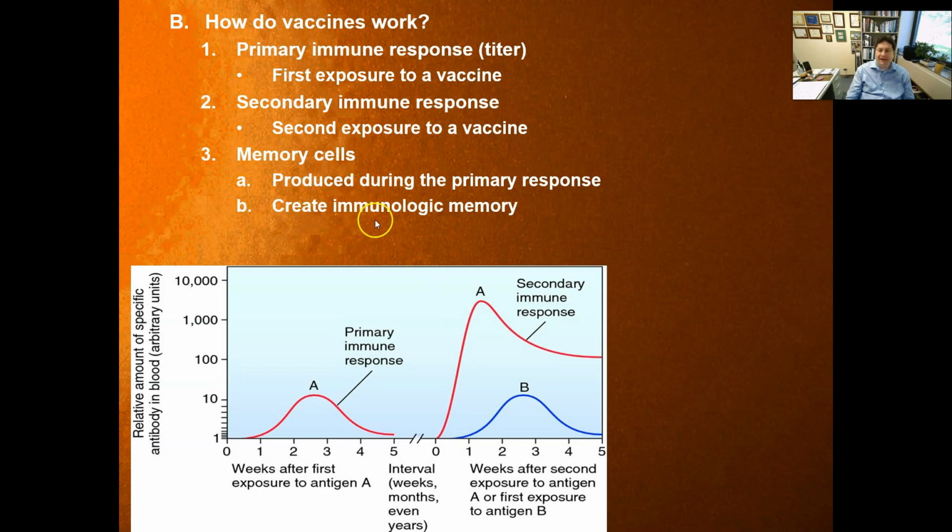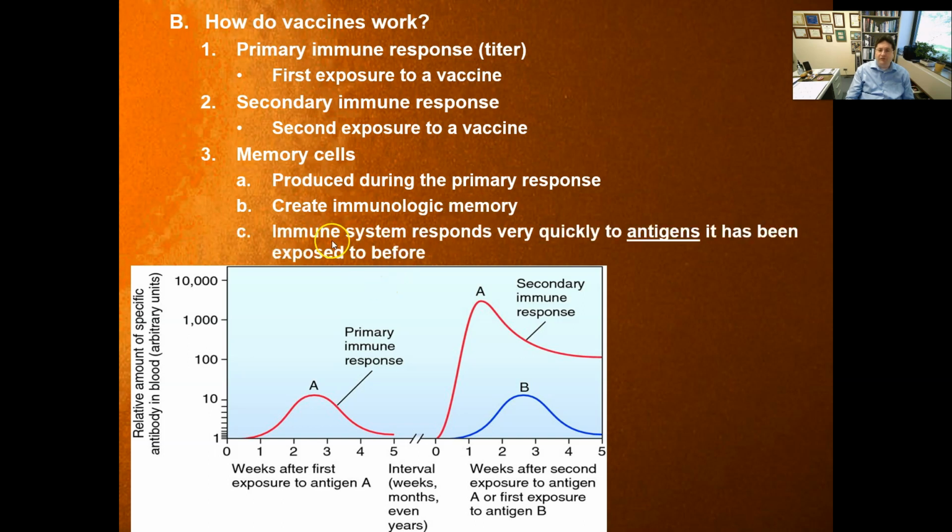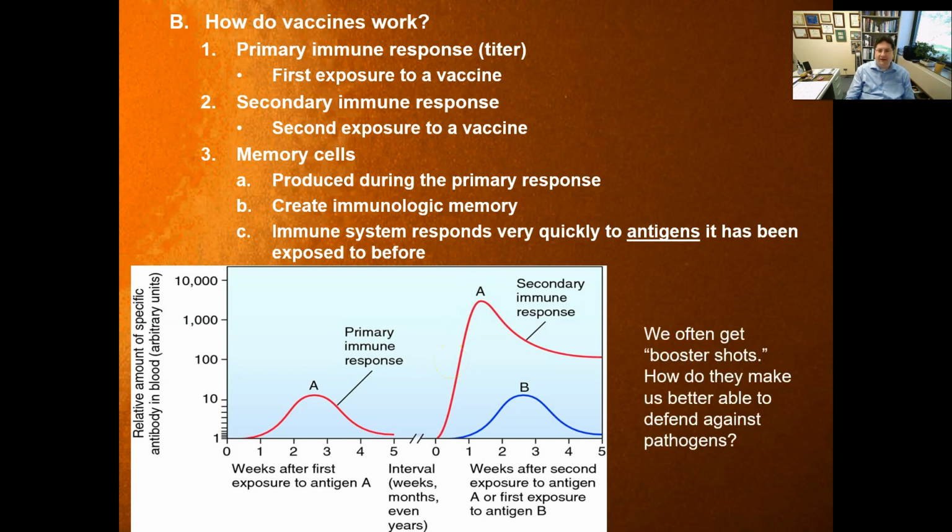Memory cells create what we call immunologic memory. In other words, your immune system remembers what it has fought off before, what the body has been infected with before. And it can react very quickly to any antigens it's been exposed to before. Very, very quickly, as this graph illustrates.